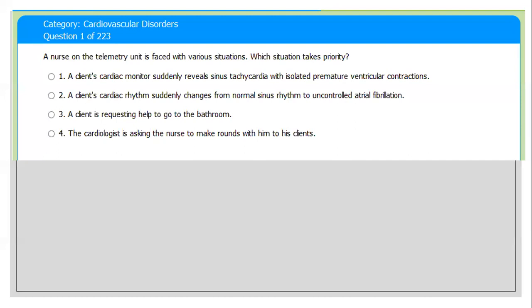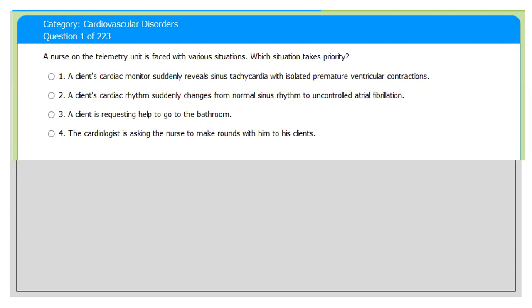Number one, a client's cardiac monitor suddenly reveals sinus tachycardia with isolated premature ventricular contractions. Sinus tachycardia means a faster heartbeat.